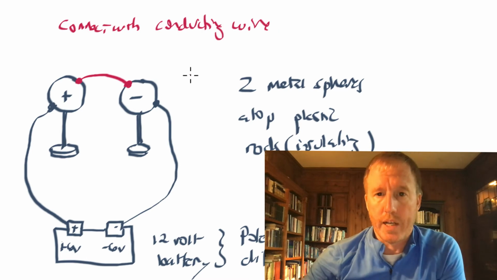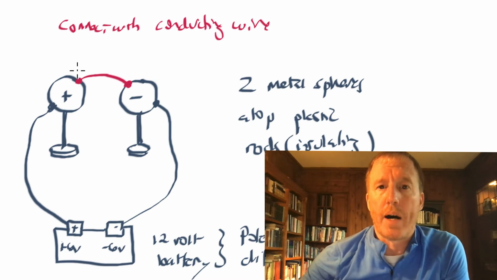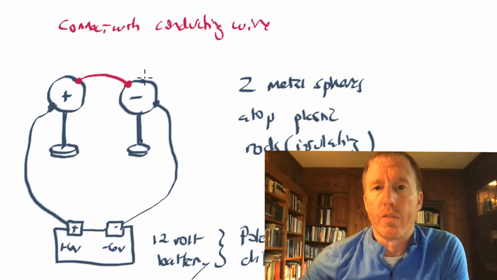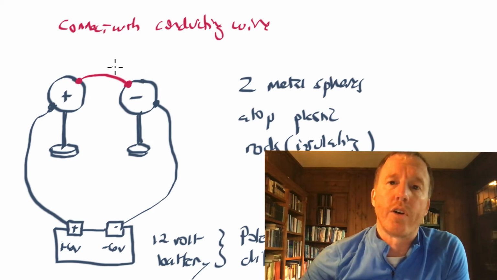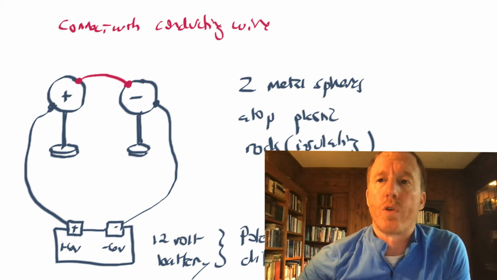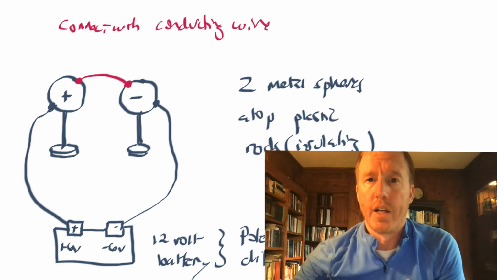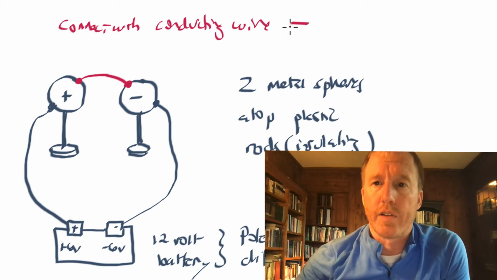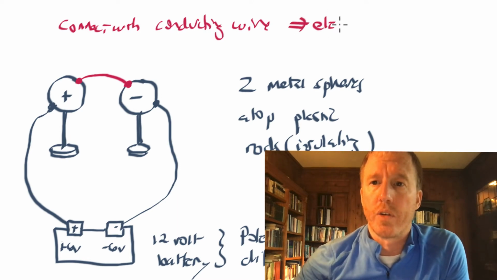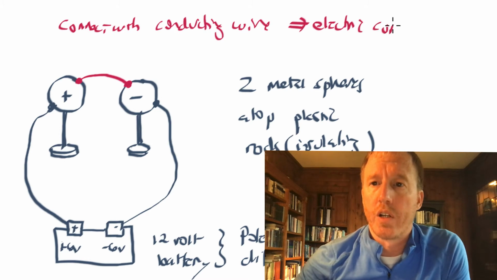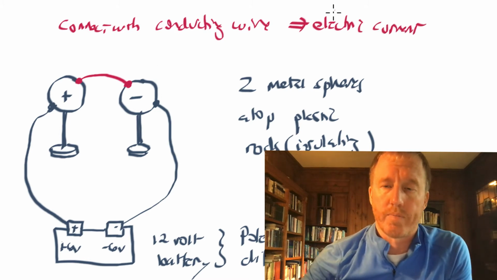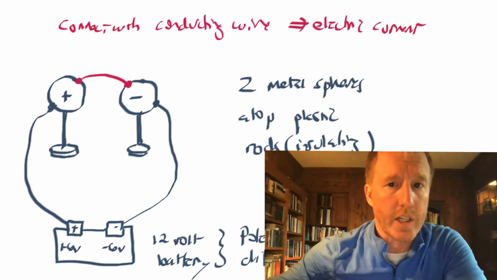And what happens now is you get a flow of positive electricity very quickly over to this side and negative electricity very quickly over to that side, so as to try to relieve this electric tension. That is the state of electric current. So now you get an electric current that arises in this circuit. Okay, that's what he's talking about.